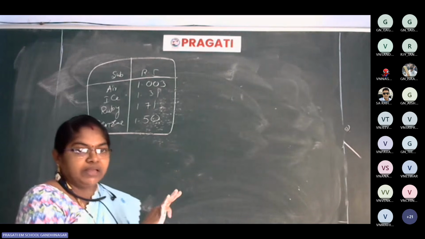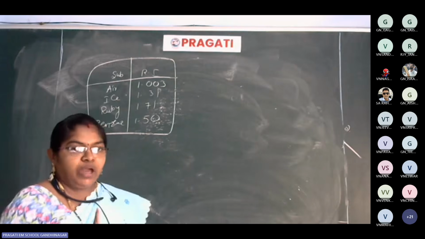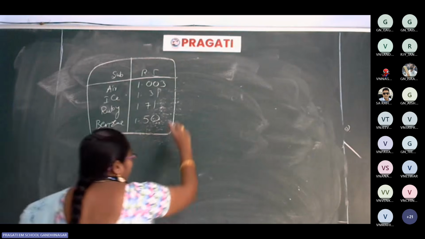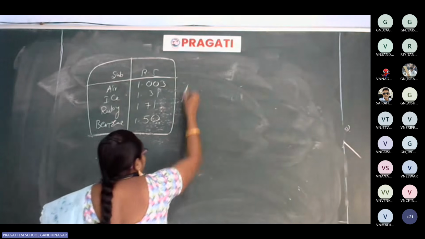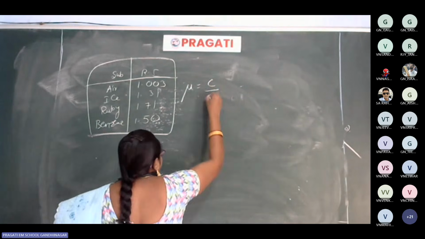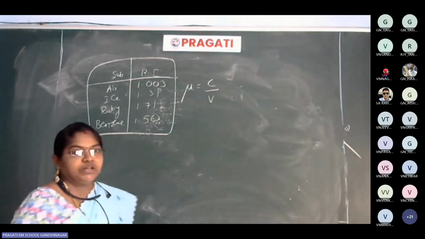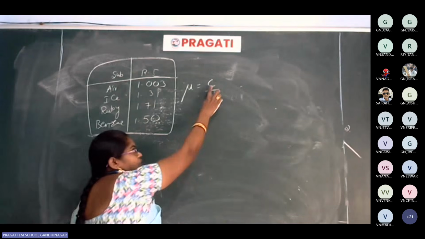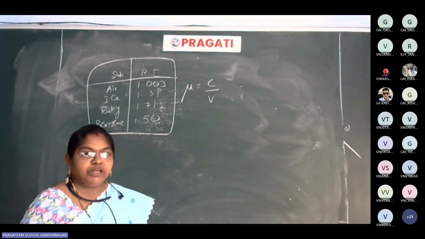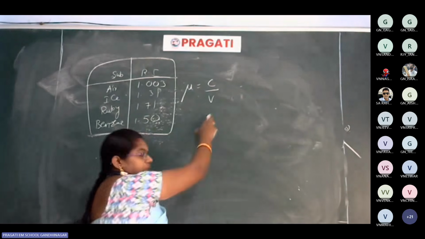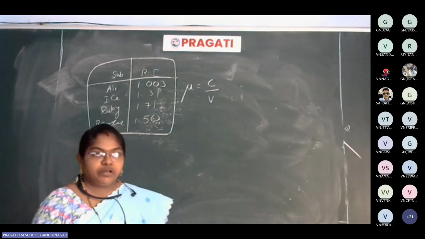Before going to answer this table, one thing we have to remember. What is the formula for the refractive index first? Here, mu is equal to C by V, where mu is the refractive index and C is the velocity of light in a vacuum, that is 3 into 10 power 8 meter per second, and V is the velocity of light in the particular medium.